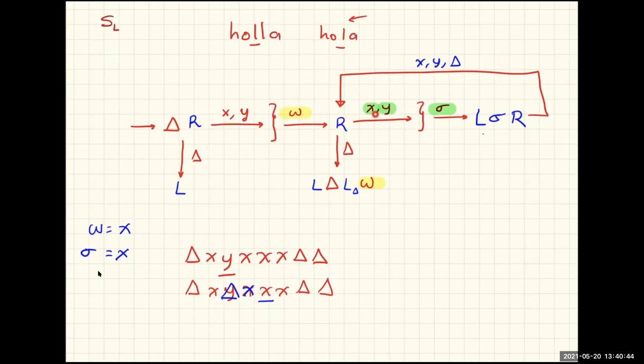If at this point we find an X or a Y, that will be sigma. I think I didn't move to the right, correct? So I think it's this one. Okay, so then if there is an X or a Y, that will be sigma. Then our sigma is an X. Move to the left. Write this sigma. Then move to the right. And then whatever it is, move to the right again.